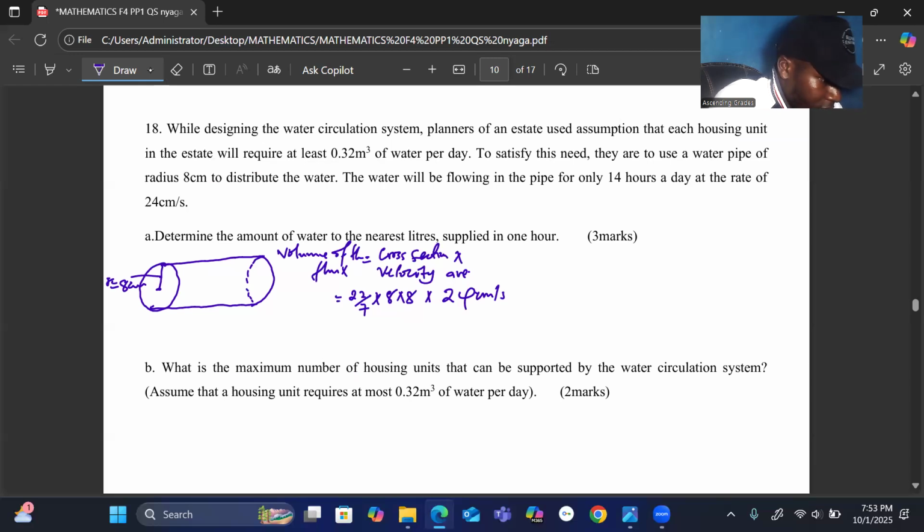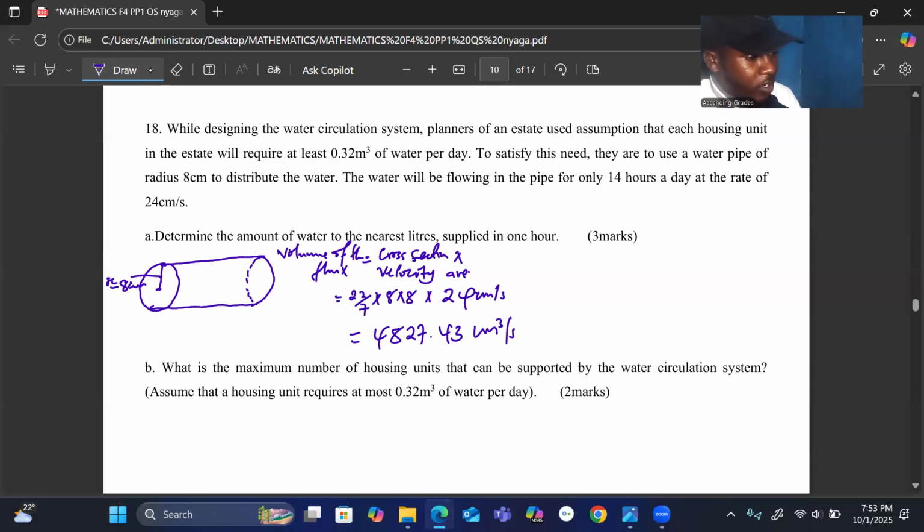Now, this one will give us 4,827.43 cubic centimeters per second. That will be the volume of the flux.